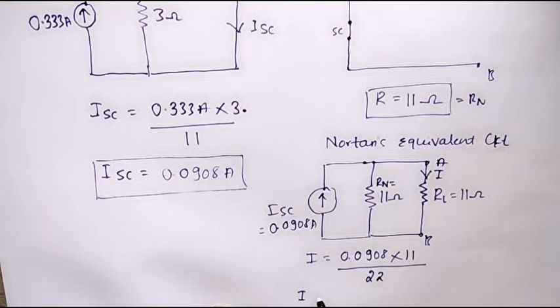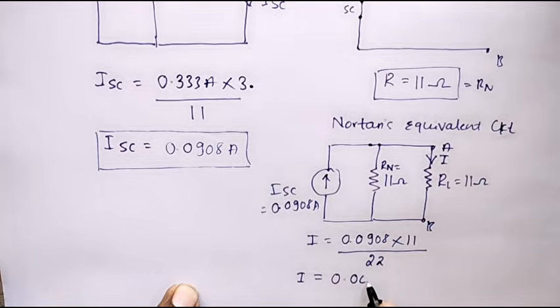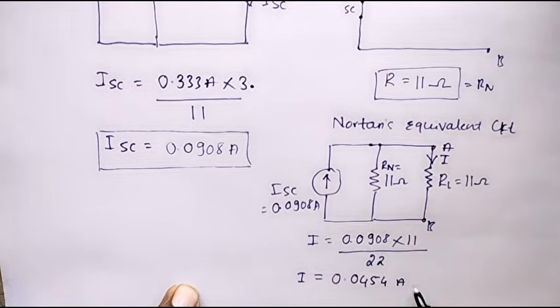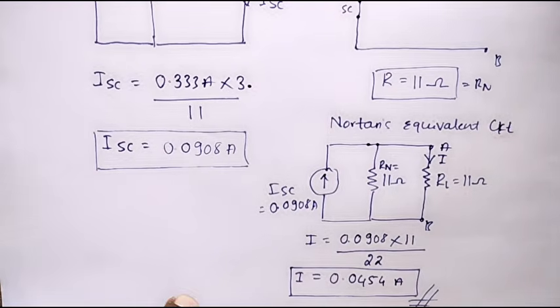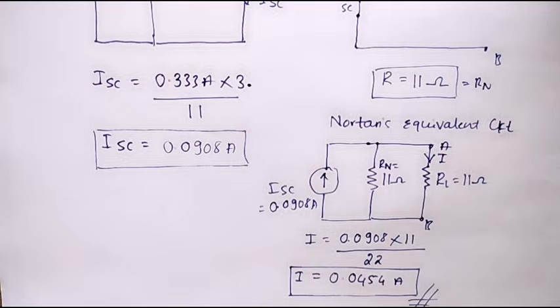Therefore the current through RL is 0.0454 amps. So this is the required solution. Thank you.